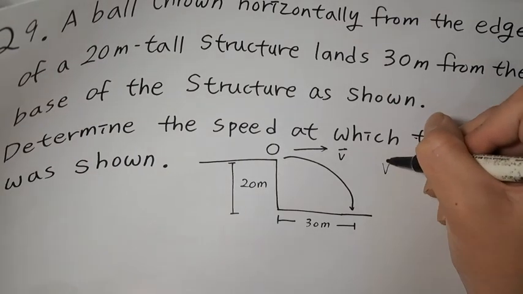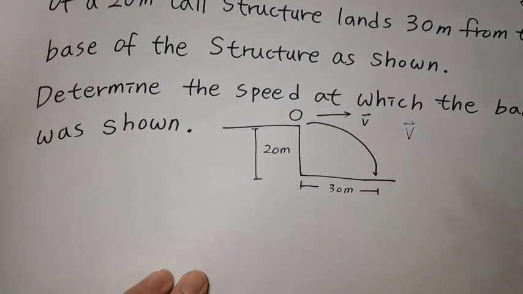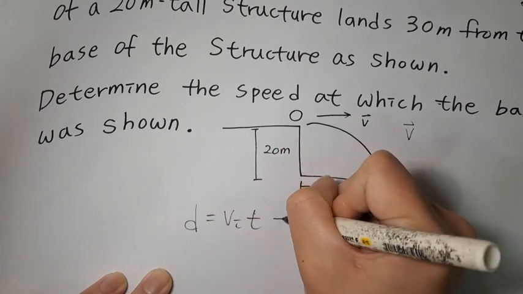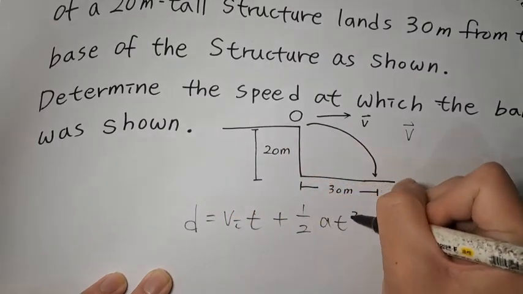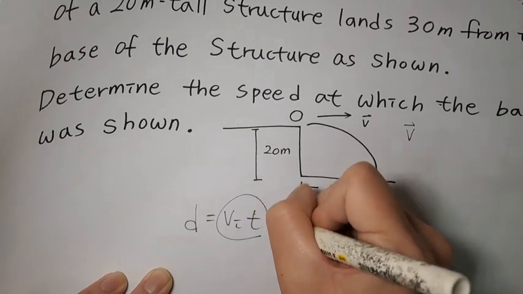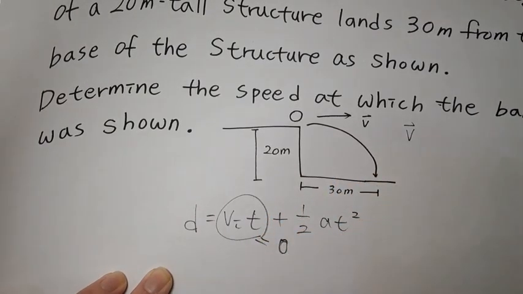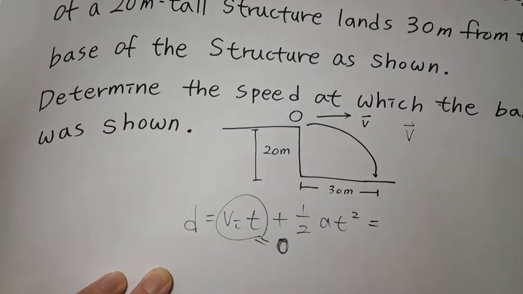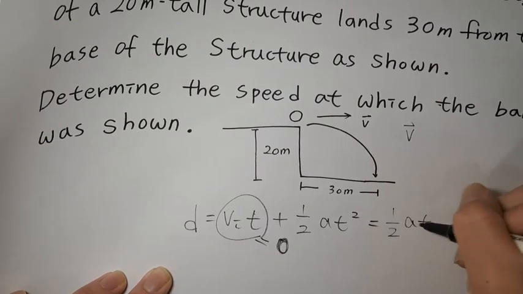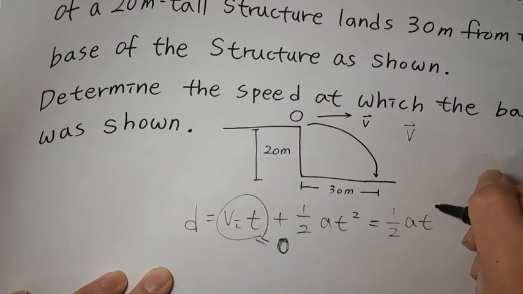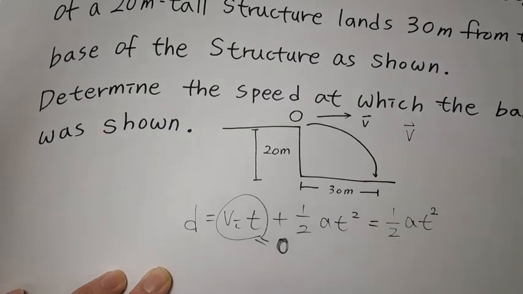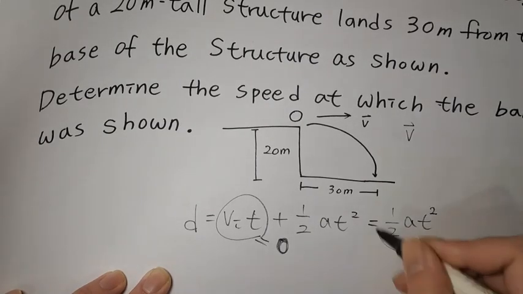So we are going to find the velocity and we are going to apply this equation. And this is 0 meters per second. This is going to be 0. So this is the same as 1/2 times acceleration times time squared, and this equation.